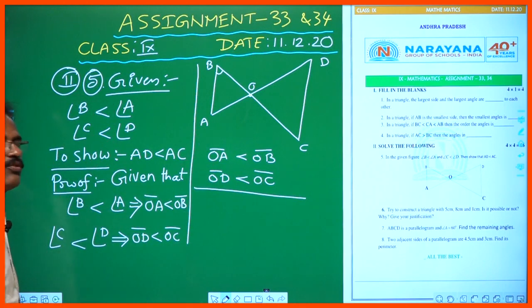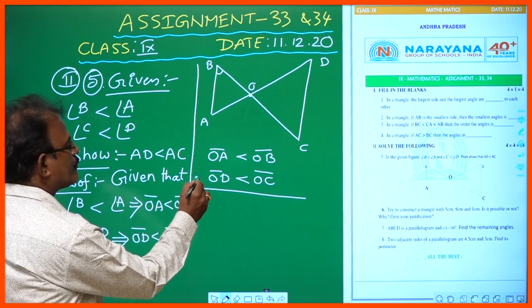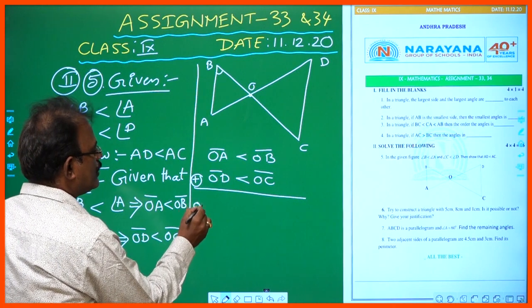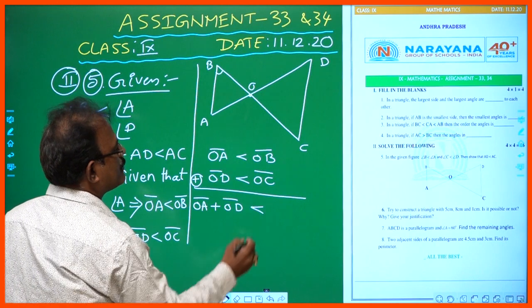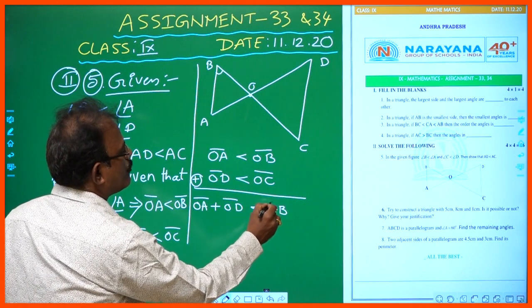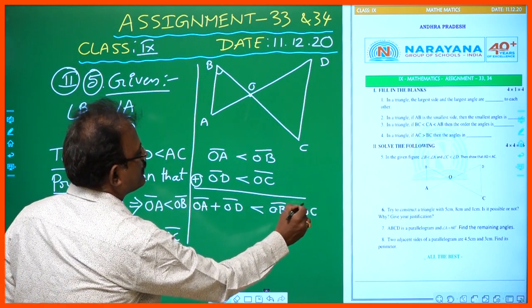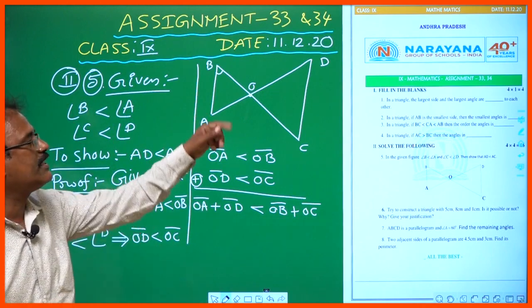Now add these two children. Then OA plus OD less than OB plus OC. Now you see the diagram.